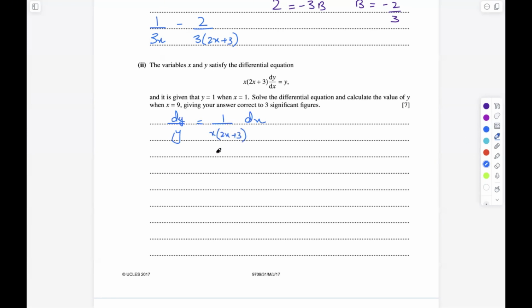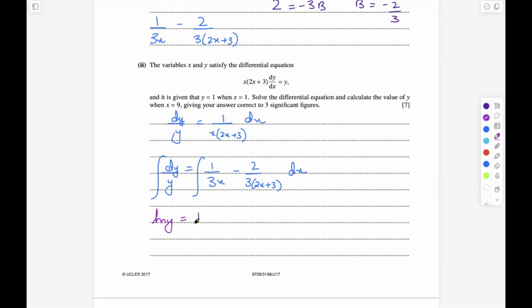Now, as we have already broken this up into partial fractions, the answer was 1 upon 3x minus 2 upon 3 into 2x plus 3, dx, and this was dy upon y. Now, to solve the differential equation, we'll integrate both sides. Integrating 1 upon y becomes ln of y.